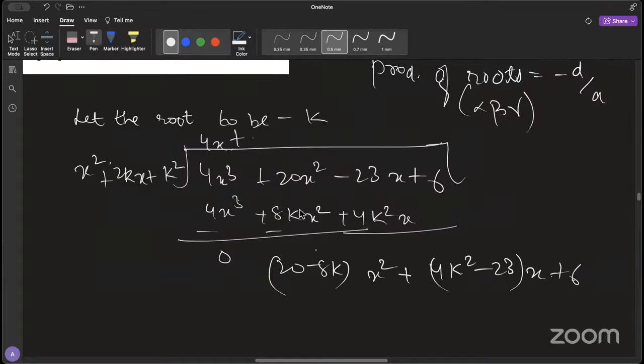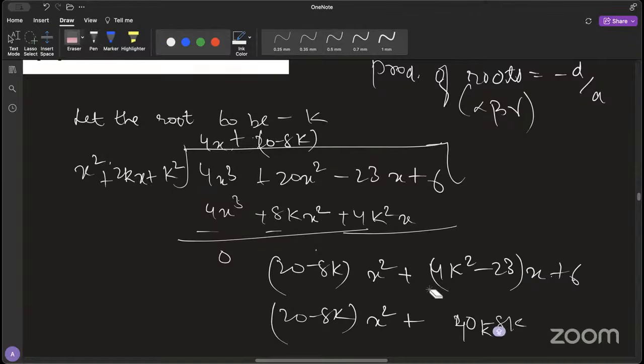And next you will have 20 minus 8k. This will give you 20 minus 8k x square plus 20 minus 8k and 2k times. So this will be 40k and this will be 16k square, right?